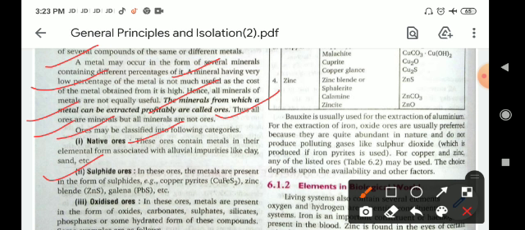In these ores the metals are present in the form of sulfides, such as copper pyrite CuFeS2, which is an ore of copper; zinc blende, an ore of zinc; and galena PbS, an ore of lead. So these are the second type of ores, present in the form of sulfide ores.